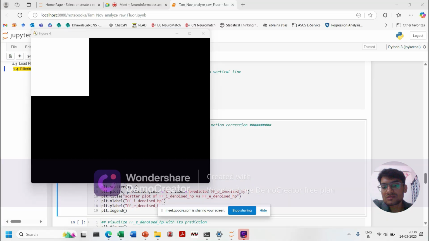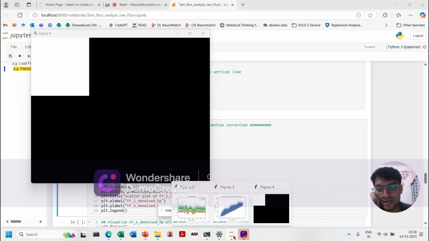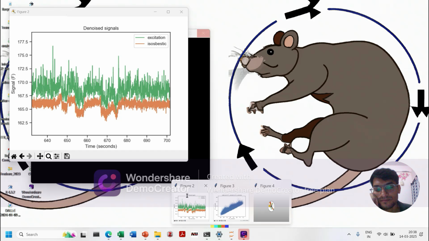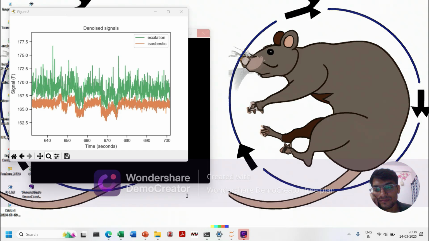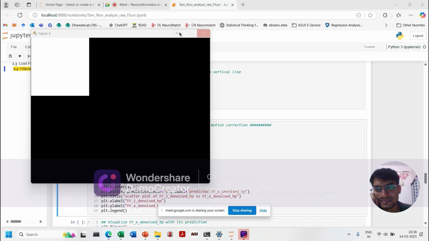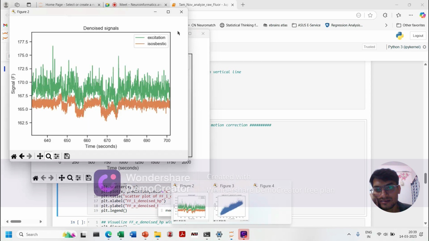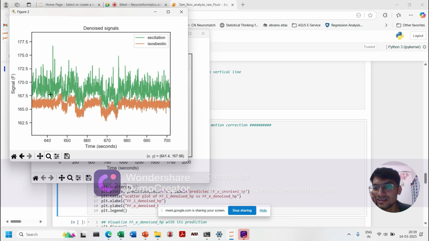So this is what we discussed right before starting today, that these kinds of slow changes that are visible both in the control signal and the excitation signal should be subtracted.